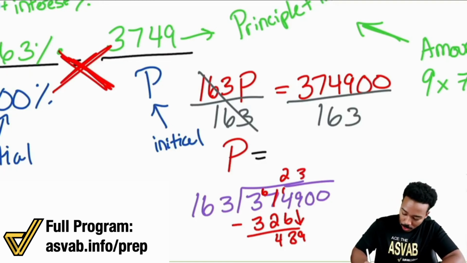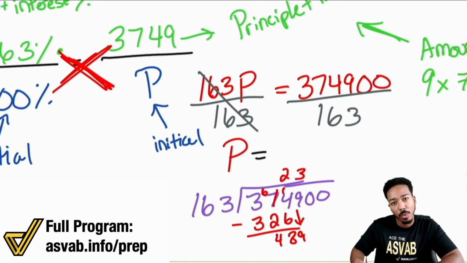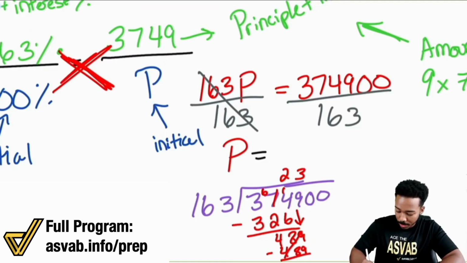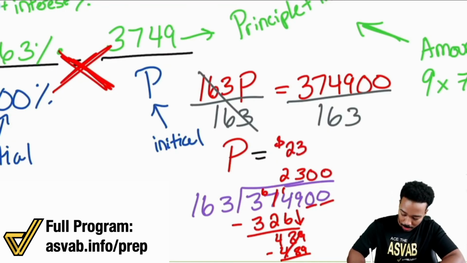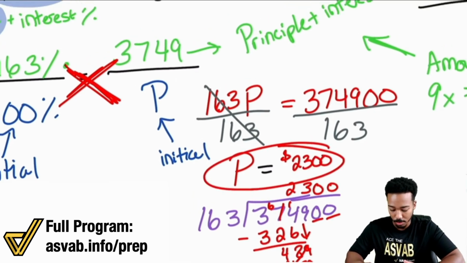And again, you see how you have to know your math here? You have to know your calculation skills here because it could take you a while to do this. And so that's going to be perfect here because we're going to subtract 489. And we're done. And so now we can just take these zeros and bring them up, and we get 2,300 as the initial amount. And so I know the calculations here, they can seem a little daunting. I absolutely understand that.